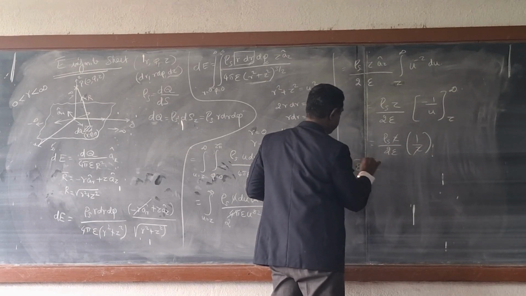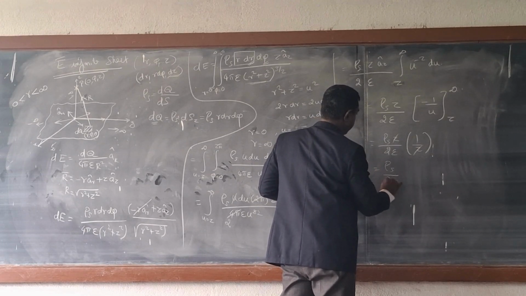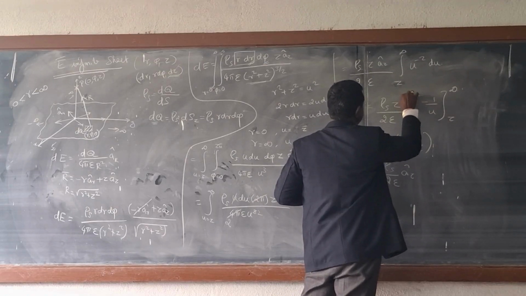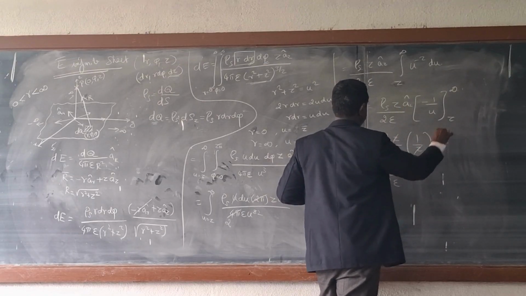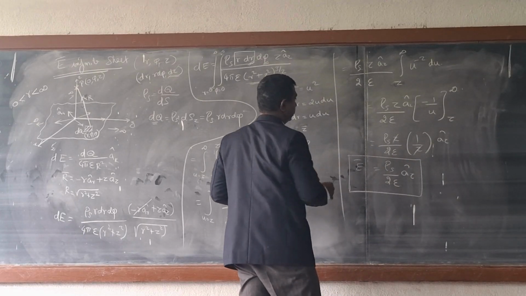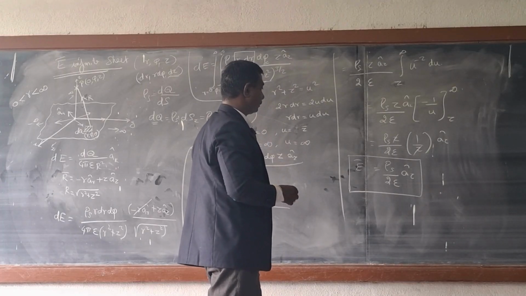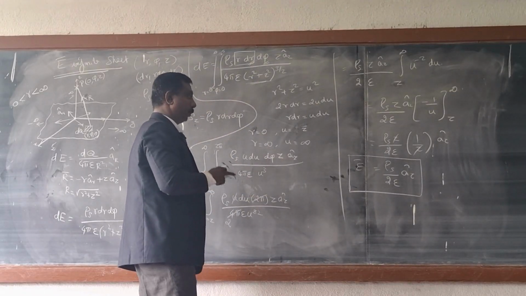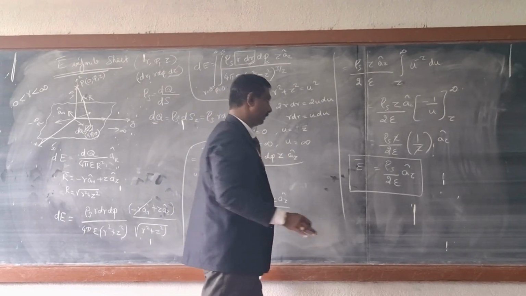So electric field is equal to rho s by 2 epsilon aZ cap, right? Okay, so this is the final expression for electric field due to an infinite sheet.